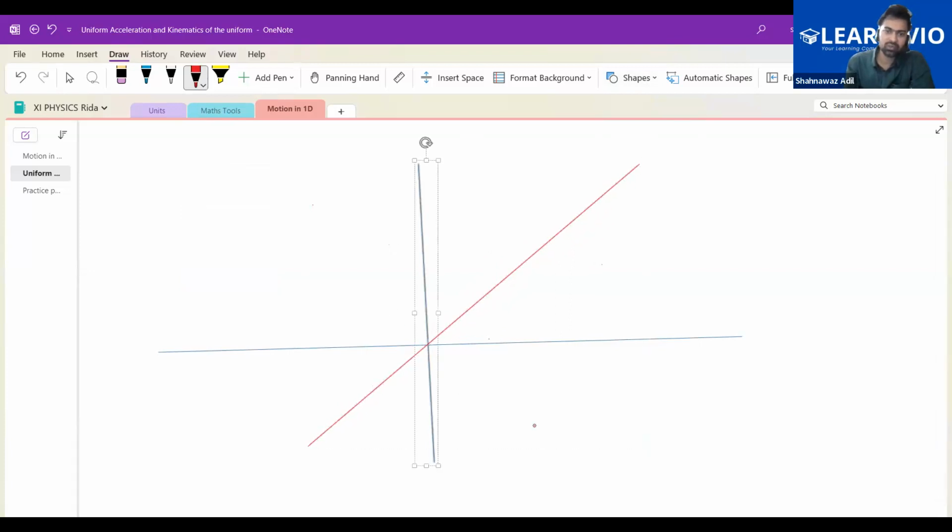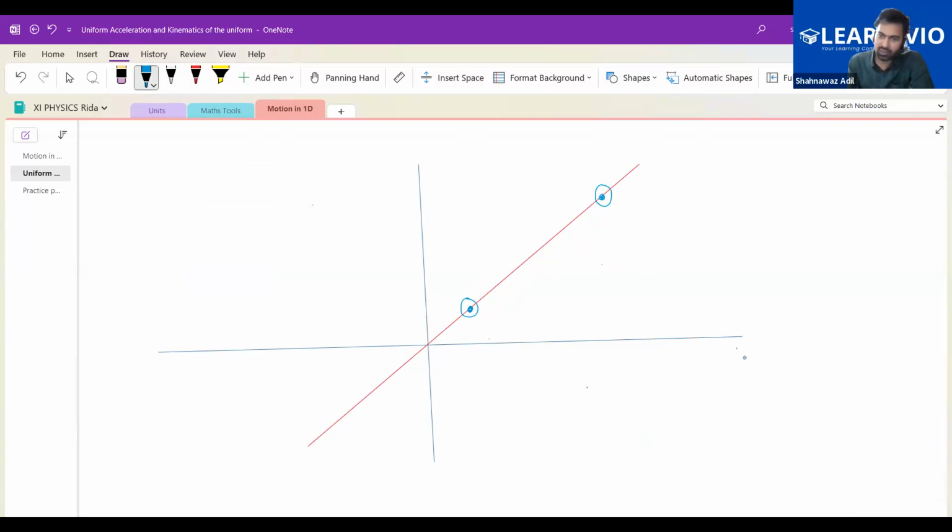Okay, this is passing through the origin. So let's say we have 2 points. We take 2 points. This one we know, and this one we know. These are the 2 points, right?